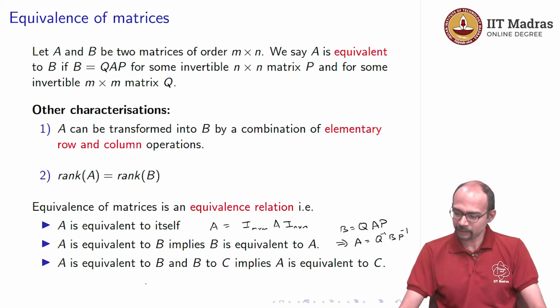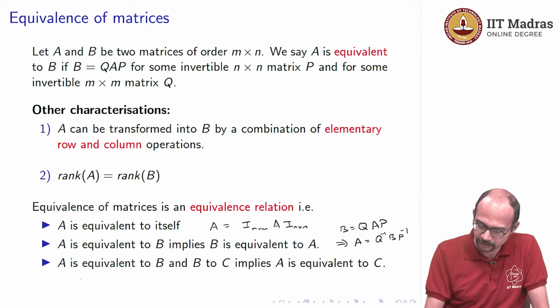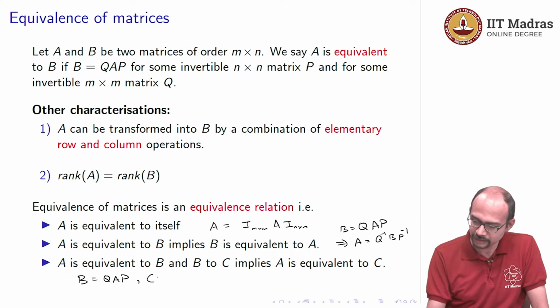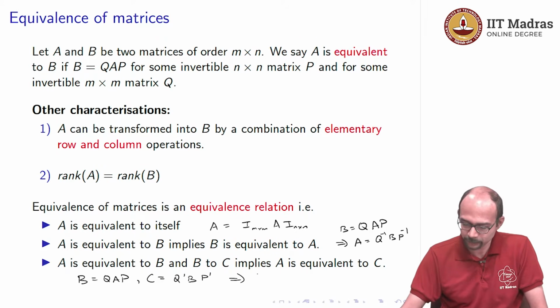Okay, and then A is equivalent to B and B to C implies A is equivalent to C. This is because B is equal to QAP, C is equal to, let us say, Q prime B P prime. Then you can replace B by the first part.